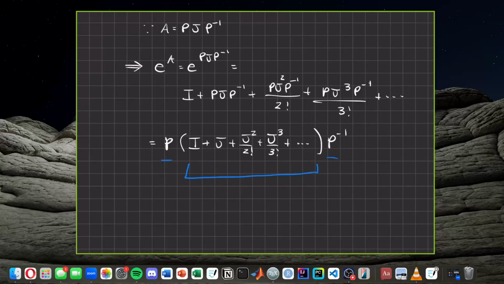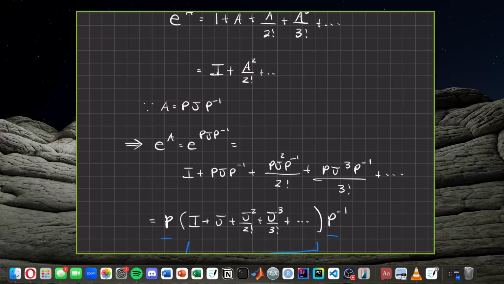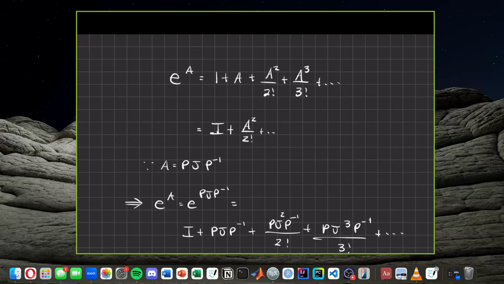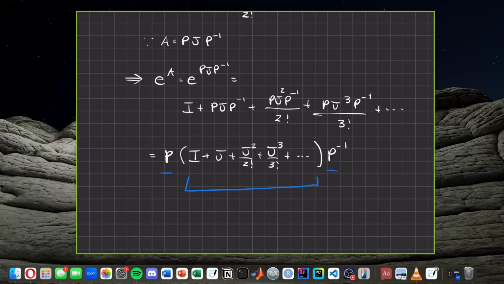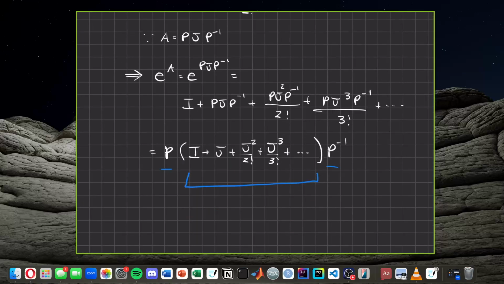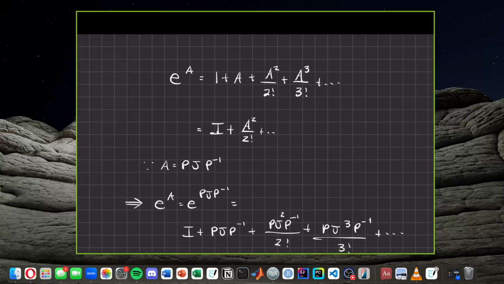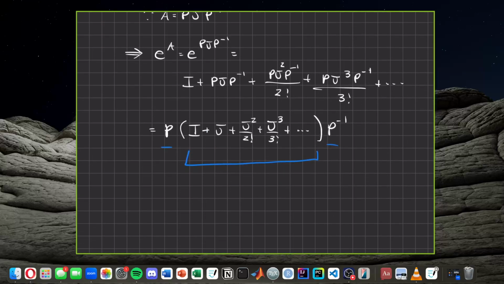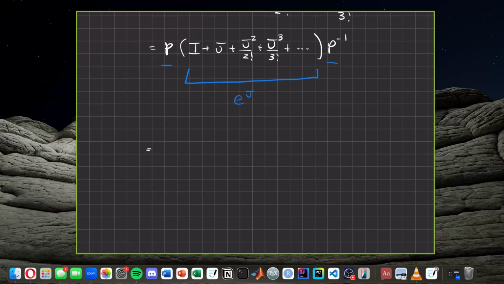Well, this is just how we defined the normal Taylor series for e to the A: 1 plus A, except here in this case, A is J, the Jordan blocks. So this is just e to the J. That gives us P times e to the J times P inverse. And this is what we want. This is what we're going to move on to next now.